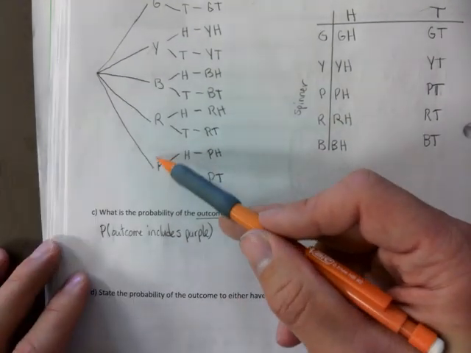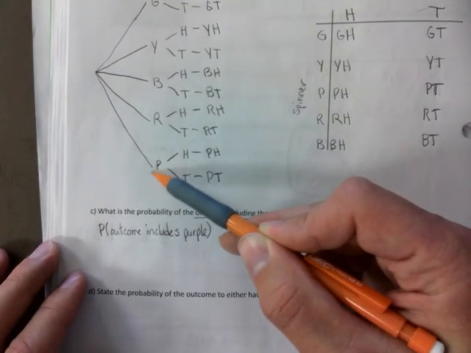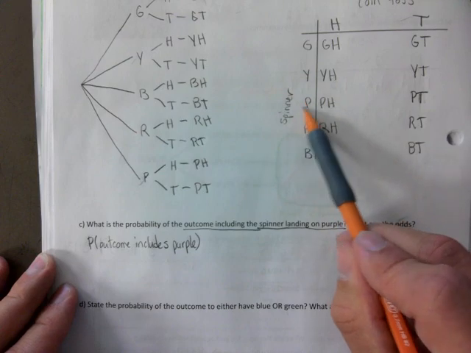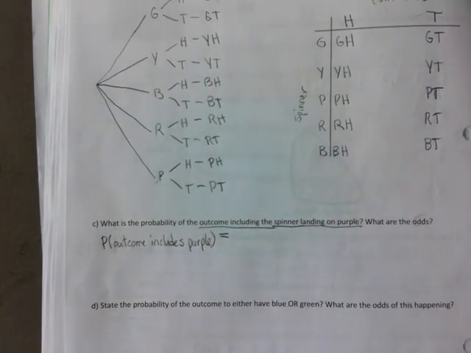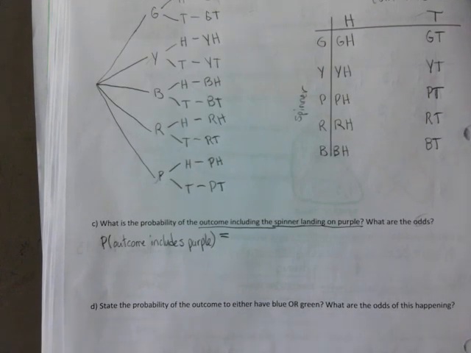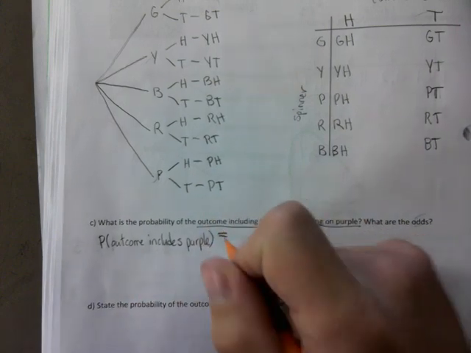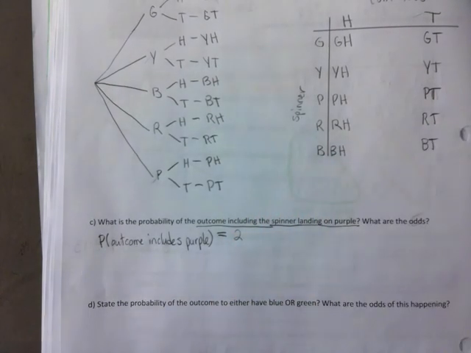So we're looking at this branch here, or in this case, this row here. How many outcomes out of the 10 include the spinner landing on purple? Yeah, 2. Thank you, JC. There's 2.